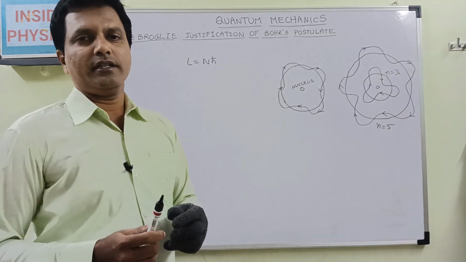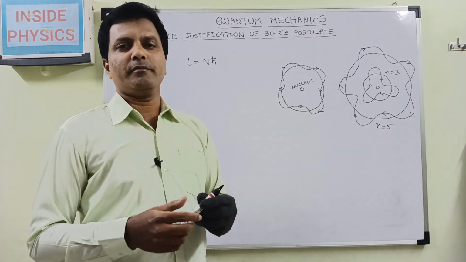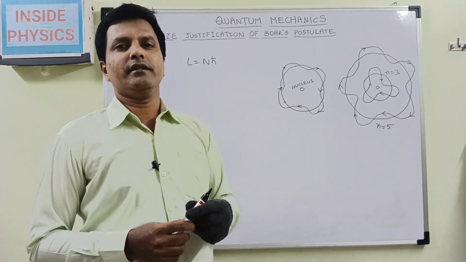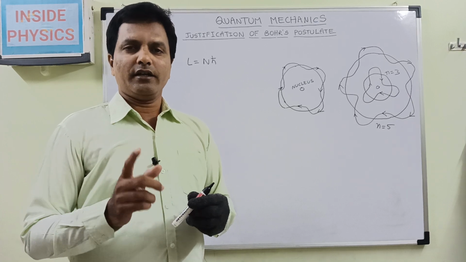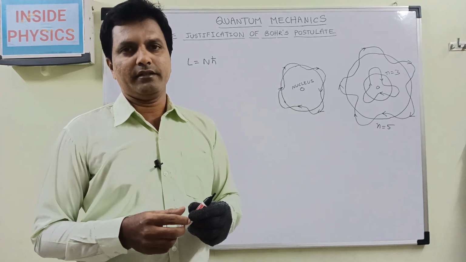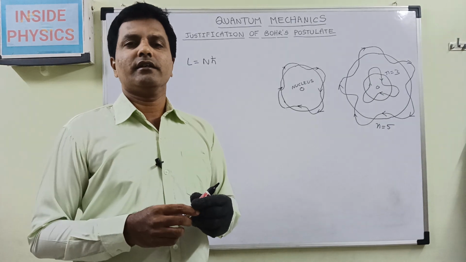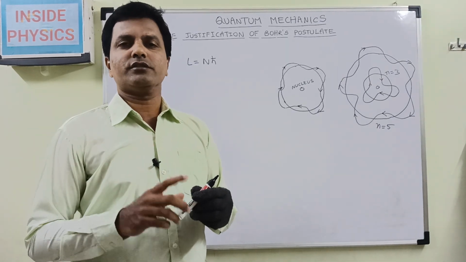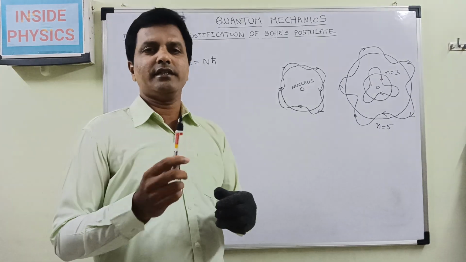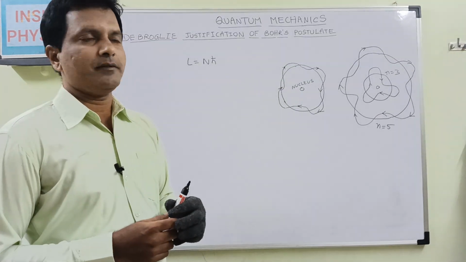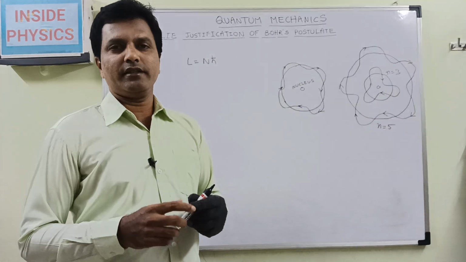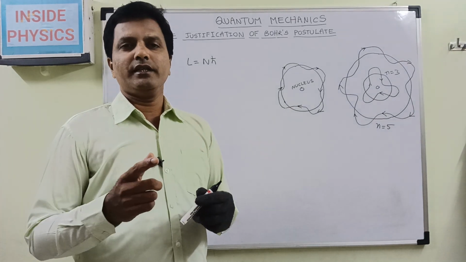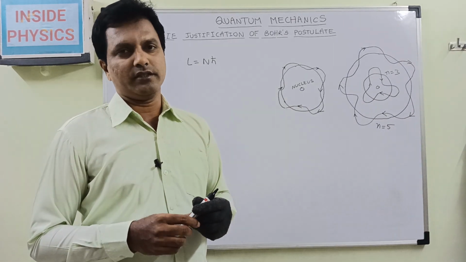Suppose an electron is revolving in a circular orbit. De Broglie says that the electron should revolve in the orbit such that it follows its own path and meets itself in the circular orbit. If it does not meet itself, that means the wave is out of phase.